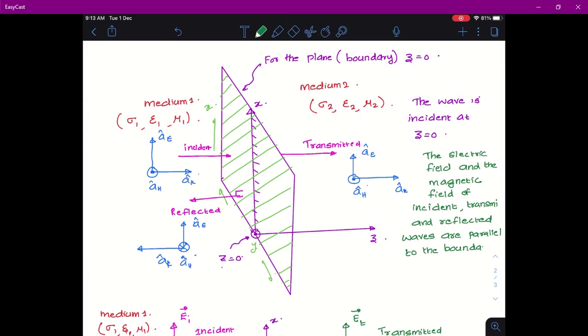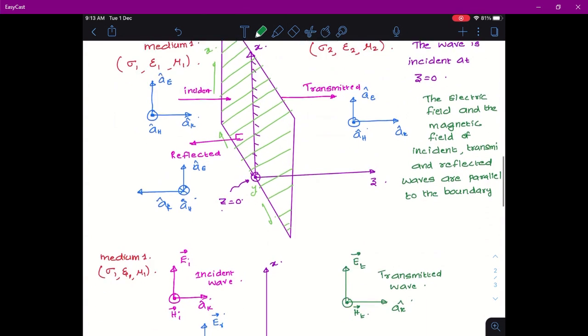Now that's a very important assumption or very important statement, because we will see where it will come into the picture.